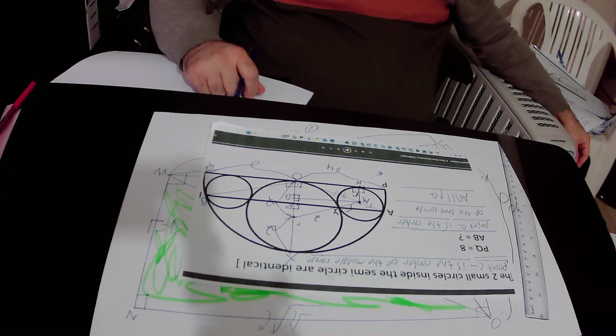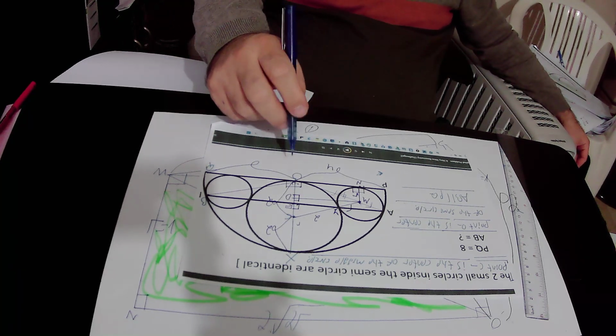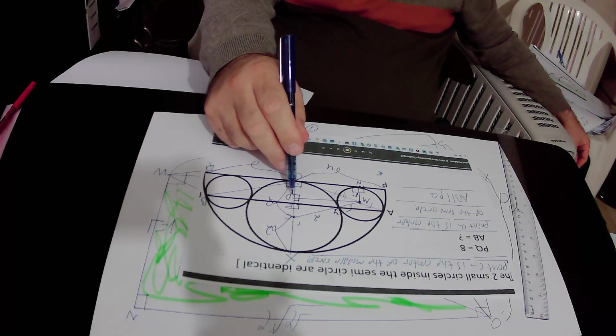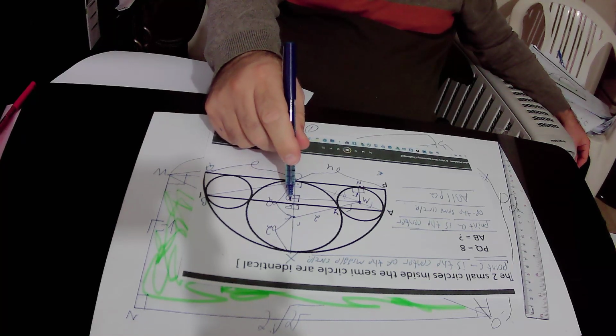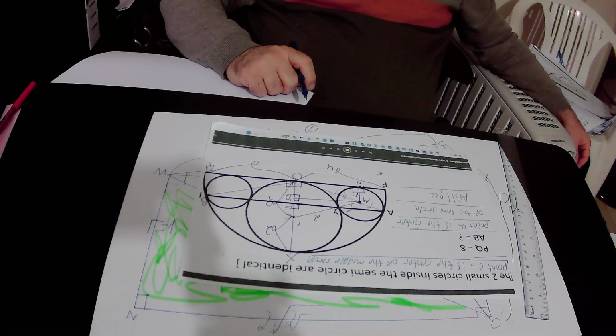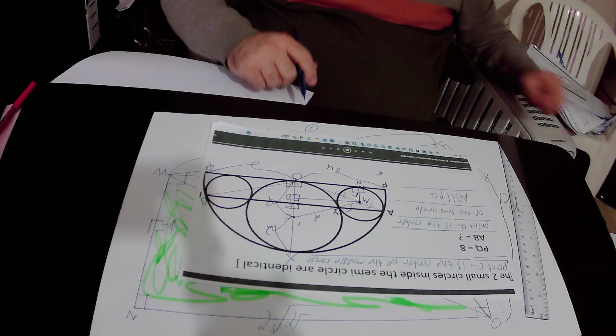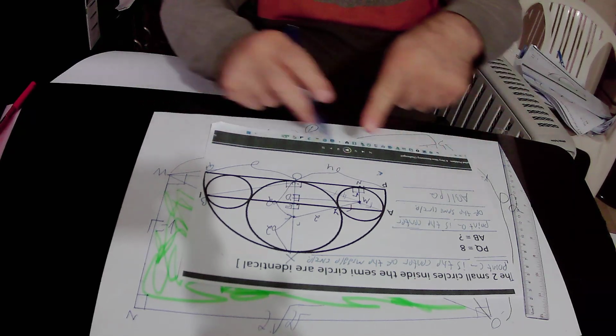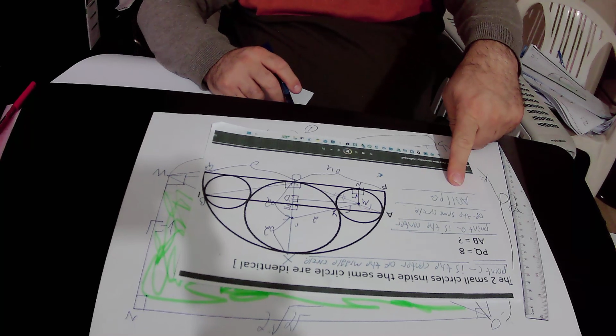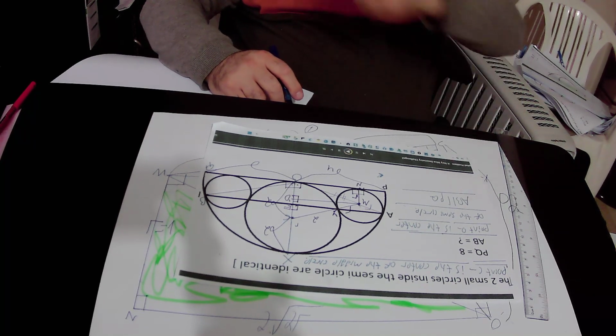And we will find out the size of angle OED. So we actually know that AB is parallel to PQ. It is given in the question that AB is parallel to PQ.